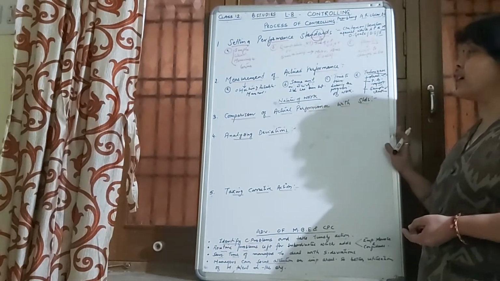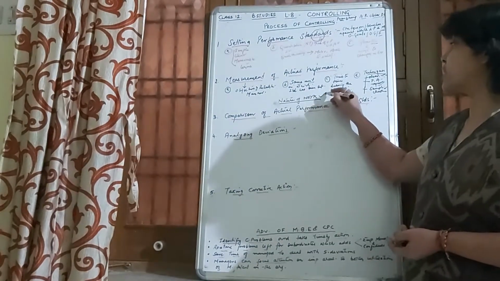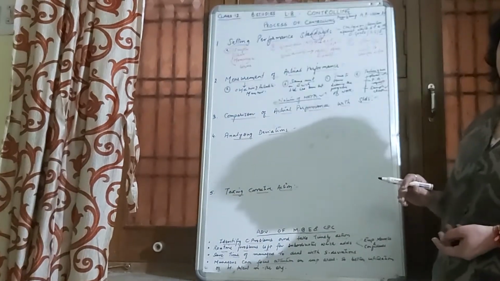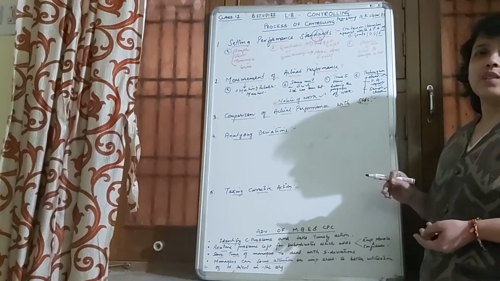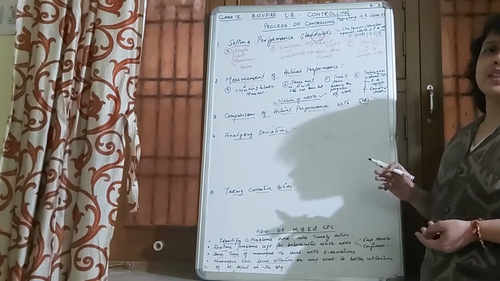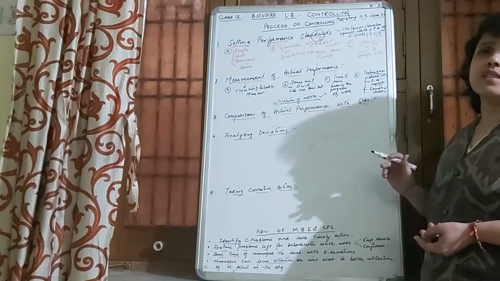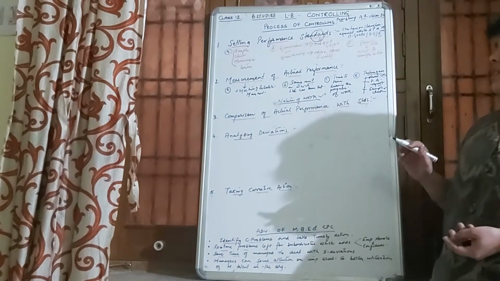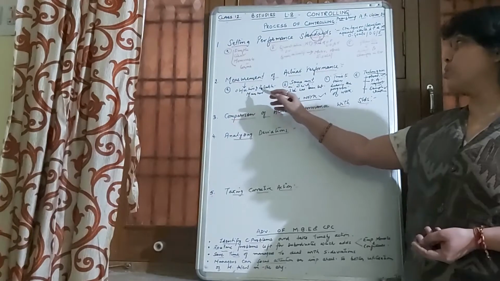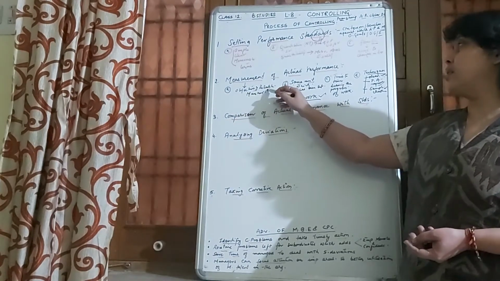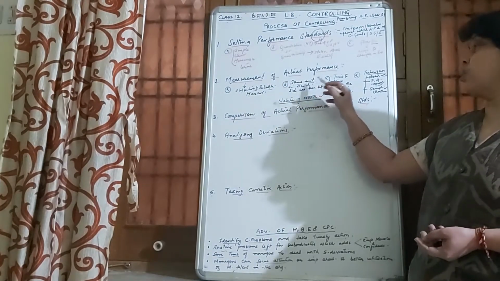So it depends entirely upon the nature of work on the basis of which the performance is measured. But these things have to be kept in mind: measurement should always be objective and reliable. It should be in the same unit.